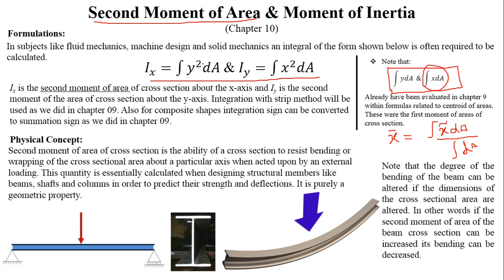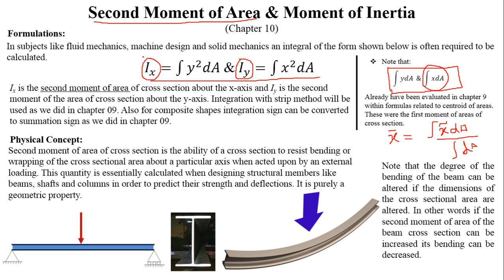If you look at the second moment of area, you see this integral is also very important, and it appears in many subjects like fluid mechanics, machine design, solid mechanics. These integrals will keep on appearing, and so they are given a special name, second moment of area, and a special symbol, that is I, and you can write subscripts x and y.